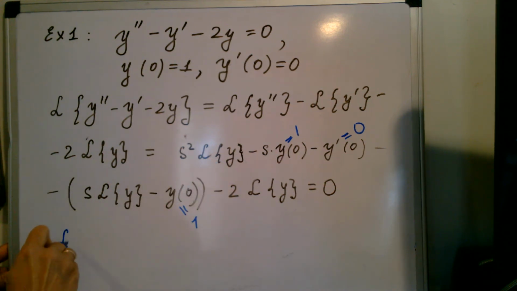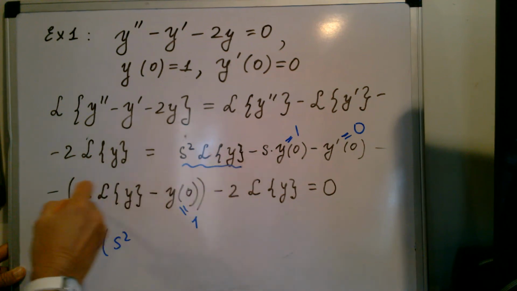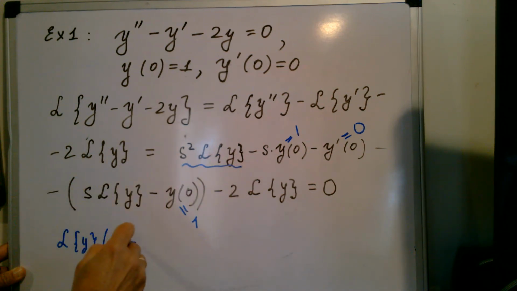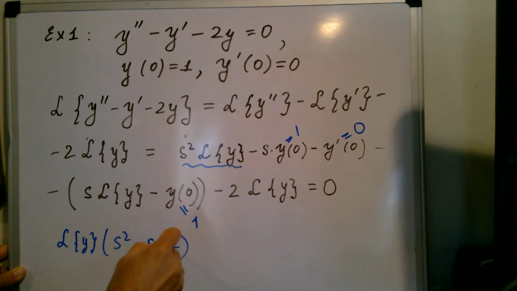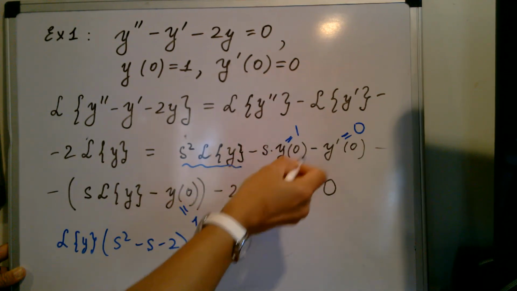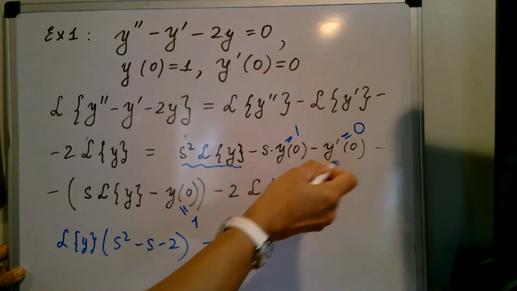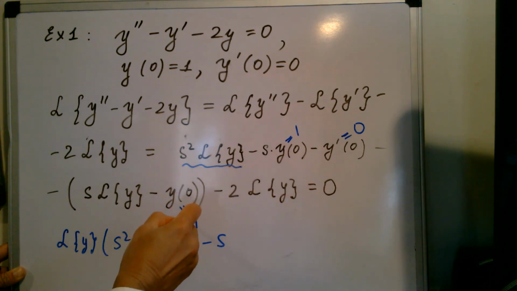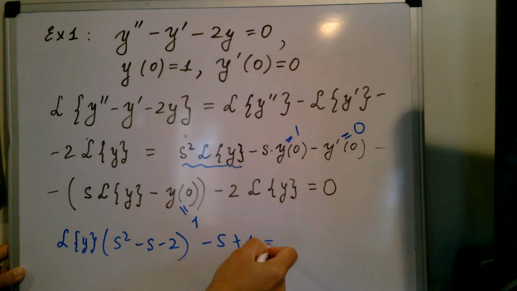What we have is s squared, also minus s, and minus 2. Now, this term is going to give me just minus s, this term is going to give me 0, and this term is going to give me 1. Minus and minus is going to give me plus. And there is nothing more.